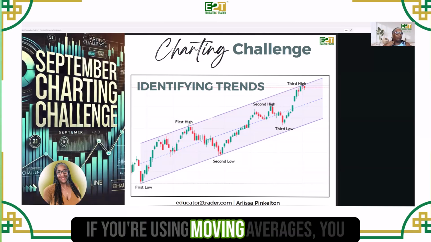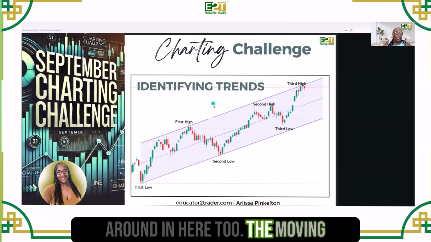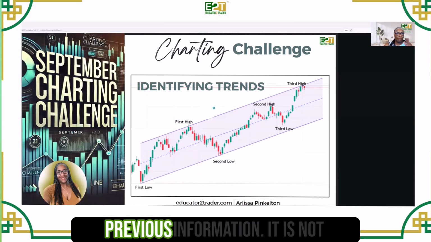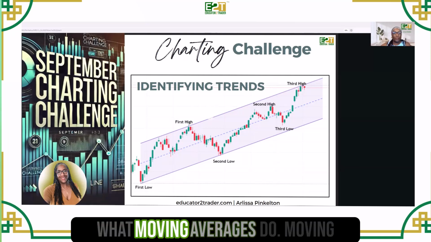If you're using moving averages, you may see moving averages dancing around in here too. The moving average is only responding to previous information. It's not telling you future things. That's not what moving averages do.